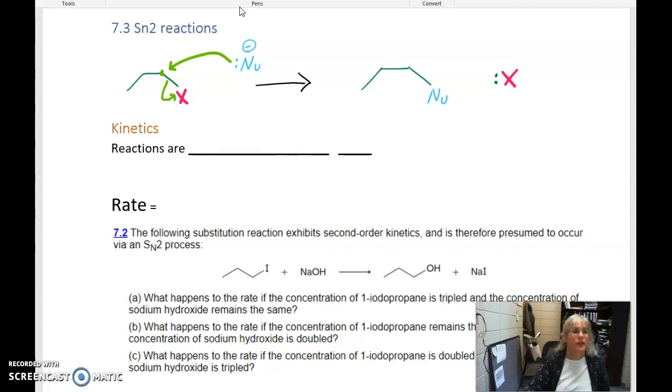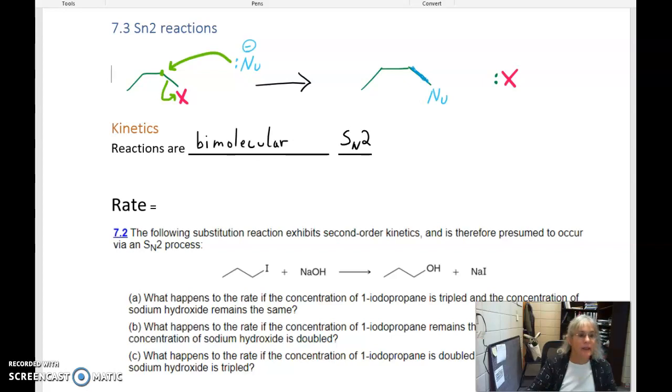And the blue electrons from here are here making this bond. Okay, so this reaction is bimolecular. That's an SN2.